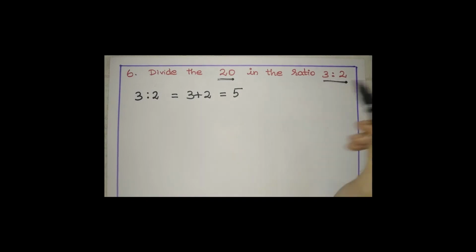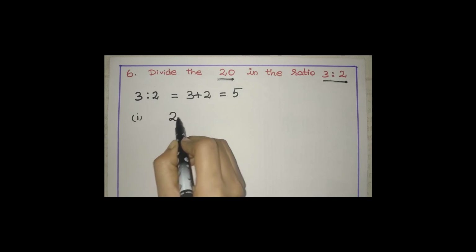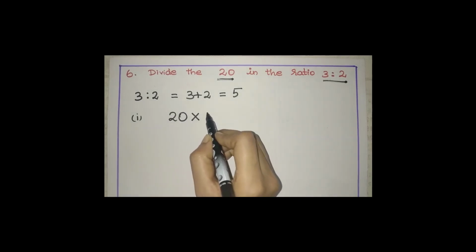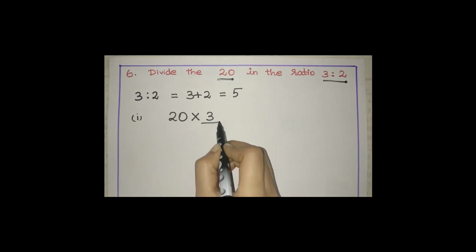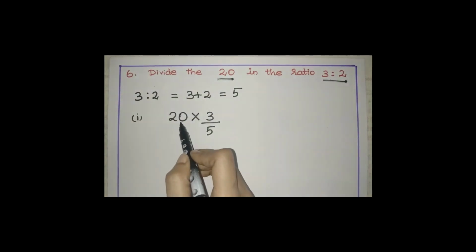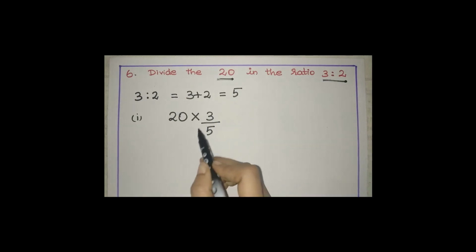So first take 3. For that write 20 and multiply the first part 3 divided by the total part 5. How will you do? Write the given number and write the first part 3 and divided by the total part.